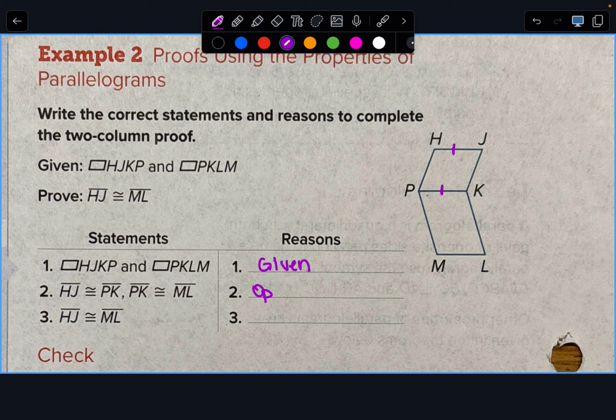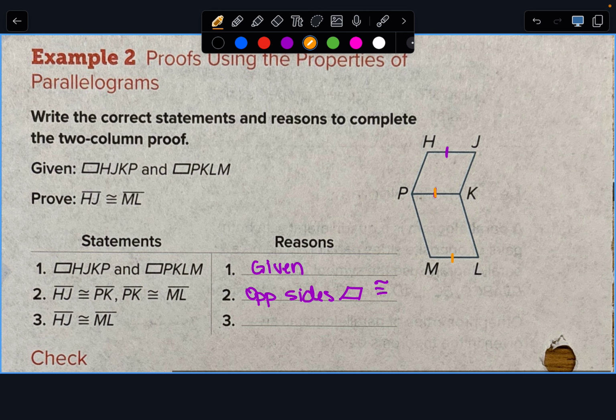Opposite sides of a parallelogram are congruent. It's also saying that PK is congruent to ML. Opposite sides of a parallelogram are congruent. And because we've done proofs before, how do we get from these two statements to squishing it to one? See, you guys are good. I think we could do proofs if we wanted to, but I'm not going to make you.